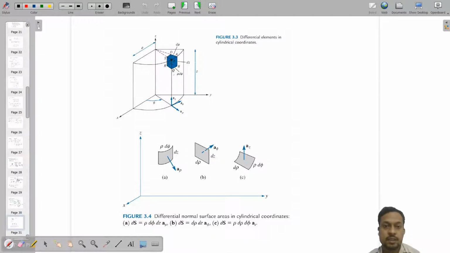Suppose a point P here, the angle is phi, the unit vector along z is az, the unit vector along phi is a phi, and the unit vector along rho, the radius of the cylinder, is a rho. In this figure, we have considered a cylindrical differential surface, ABCD PQRS. This is the differential surface.